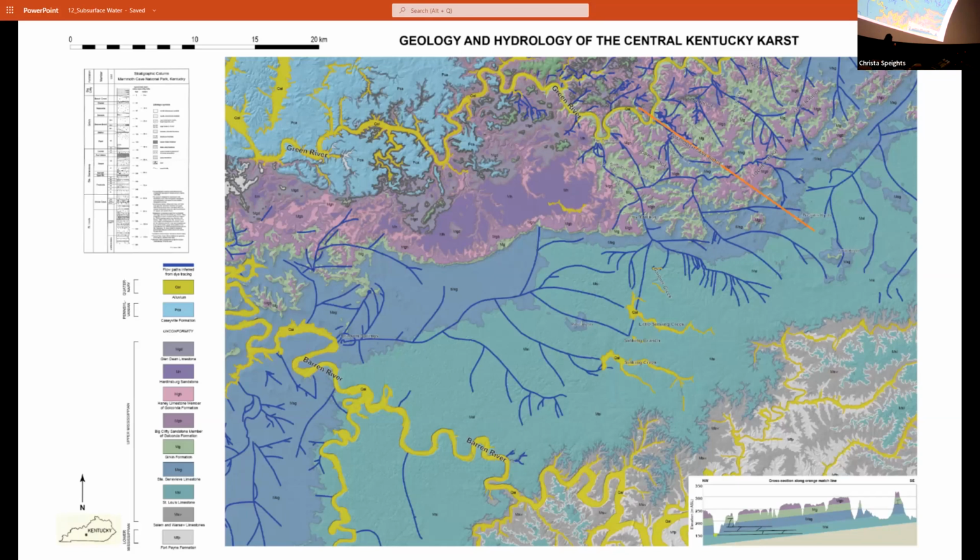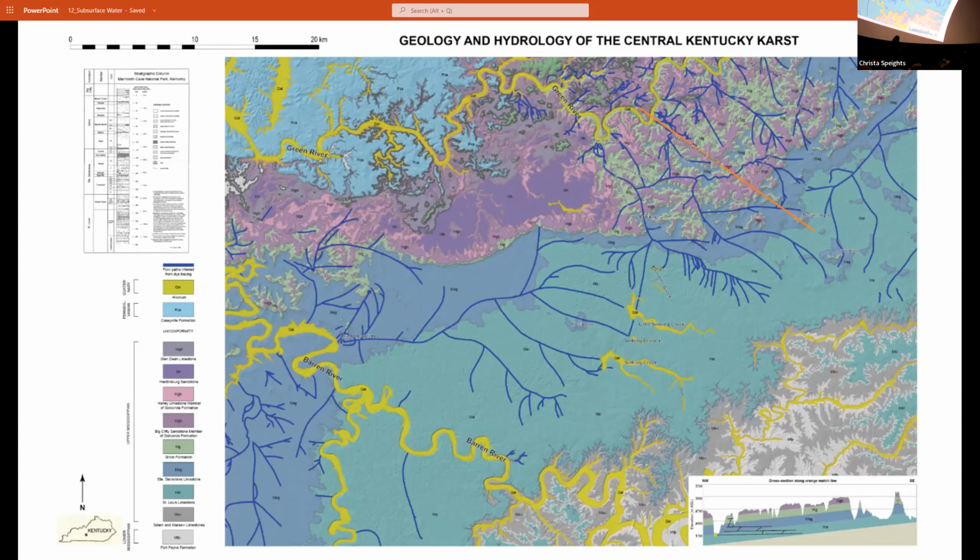So in purple, you can find a relatively less soluble rock. There's a sandstone that makes kind of a roof over these ridges and literally protects the cave passages from dissolving further. And that's part of the reason why Mammoth Cave is the longest cave system in the world.